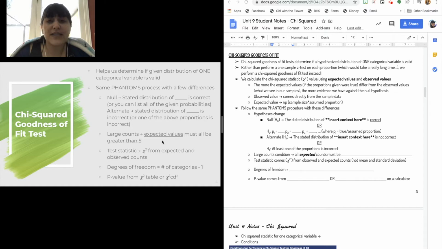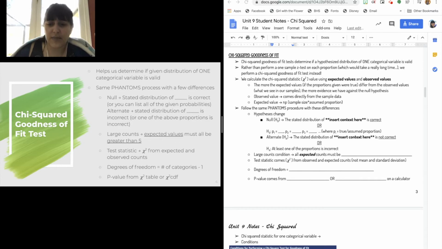If for some reason they are not greater than 5, like in the second problem I'm going to do for you in this video, where there's a couple that are not greater than 5, you basically just say proceed with caution, because most of your categories will have expected values greater than 5. Okay.